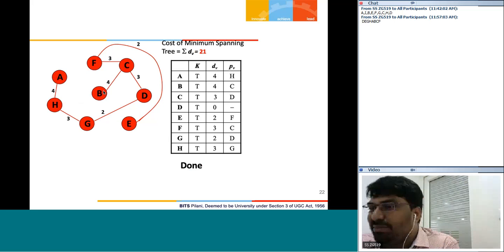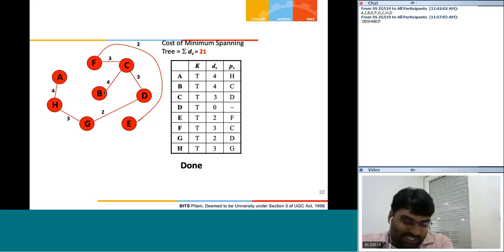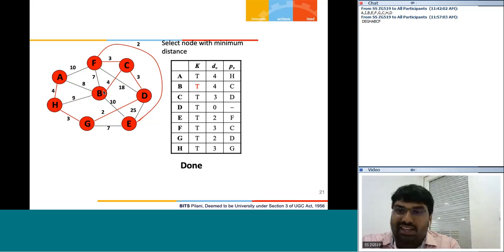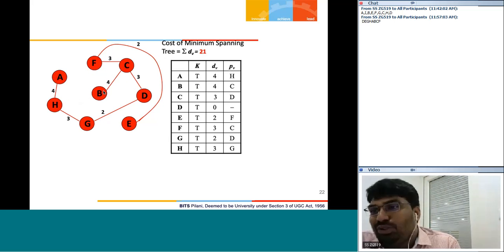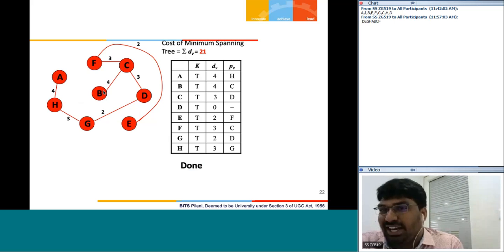No, I did not remove these edges. What I did is show the minimal path that I'm choosing to travel through all. I just removed the others for easier understanding. So if you select all these nodes, this is going to be your minimum spanning tree.